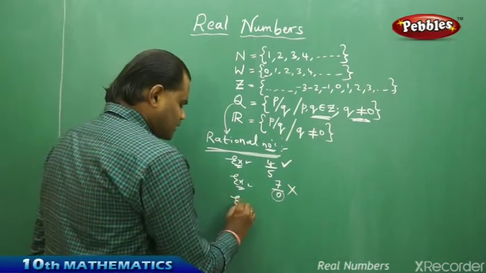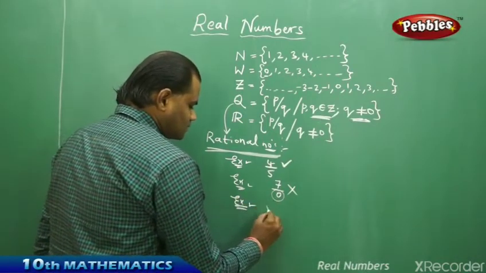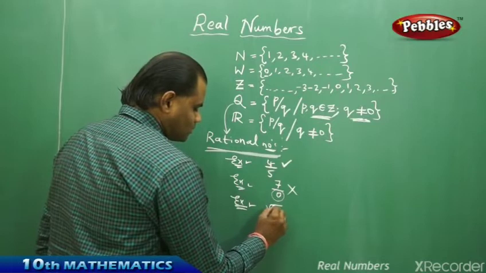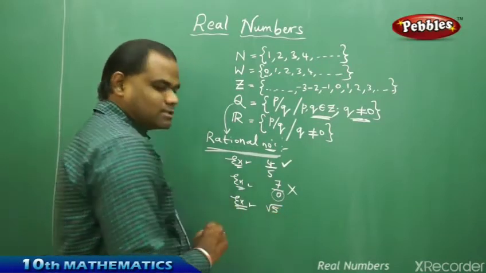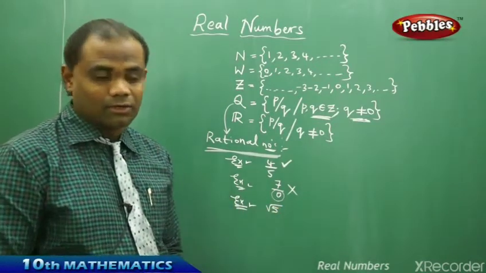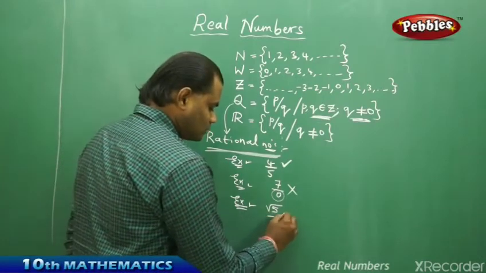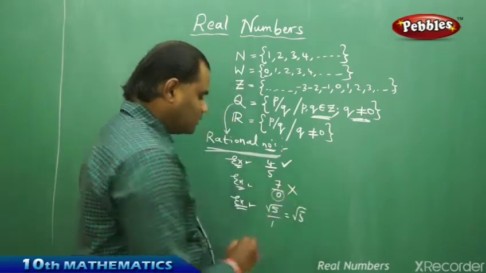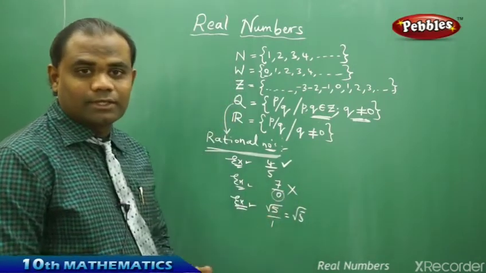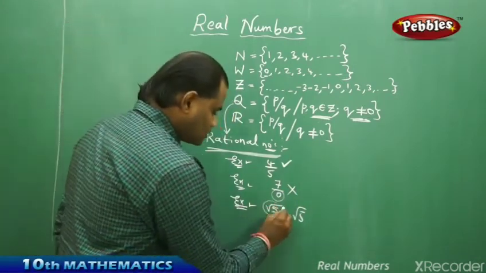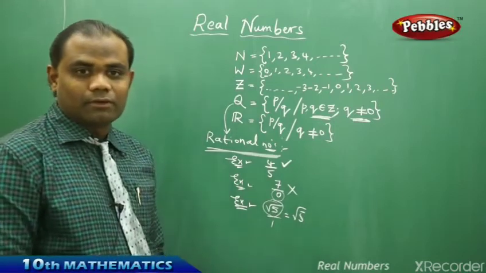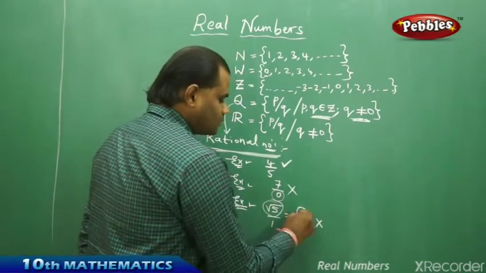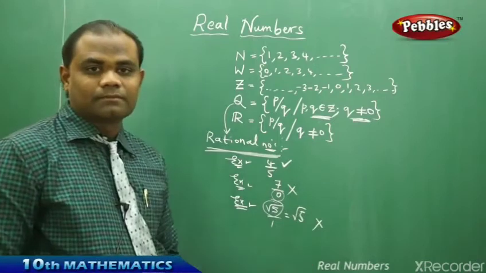Similarly, if I take another example, say root 5, then root 5 is not a rational number, because if you take this in the form p by q, root 5 can be written as root 5 over 1, but root 5 is not an integer. So p is not an integer. Therefore, this fails the condition of being a rational number.